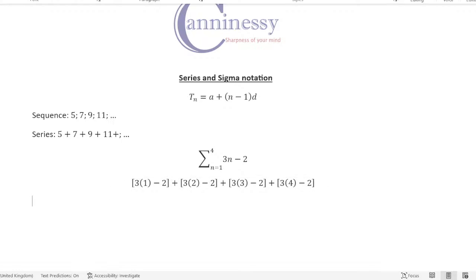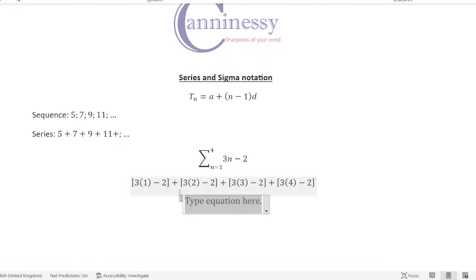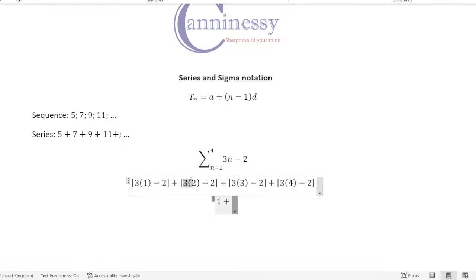So here we'll have 3 multiplied by 1, that is 3. 3 minus 2 we have 1, plus, then from here it's going to be 6 minus 2, which is 4, plus, then the third term is going to be 9 minus 2, which is 7.